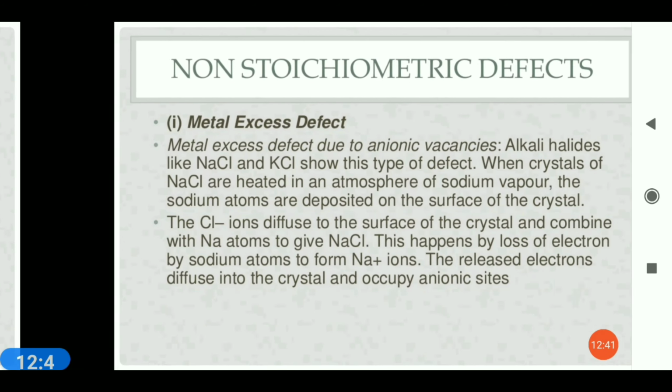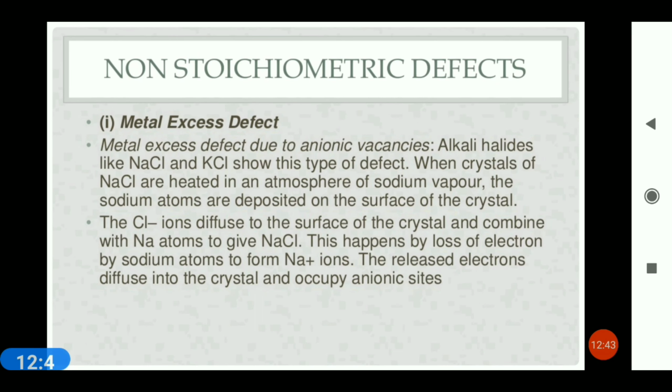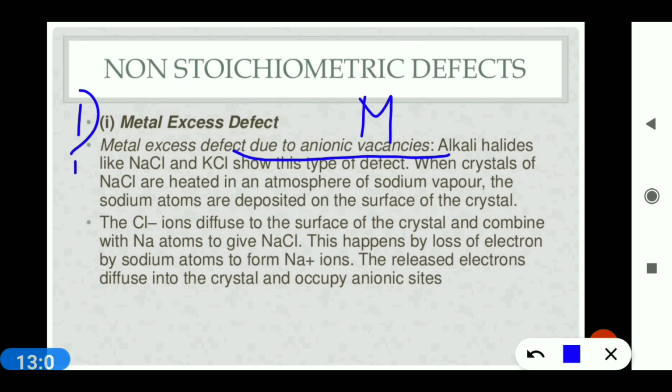Now the second is non-stoichiometric defect. Non-stoichiometric defects are classified into two. The first one is metal excess defect. Metal excess defect occurs due to two reasons. First is due to anionic vacancy. Metal excess means more positive charges, and more positive charges are possible in two ways.